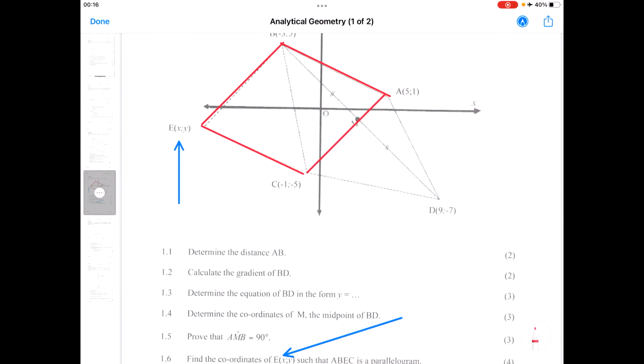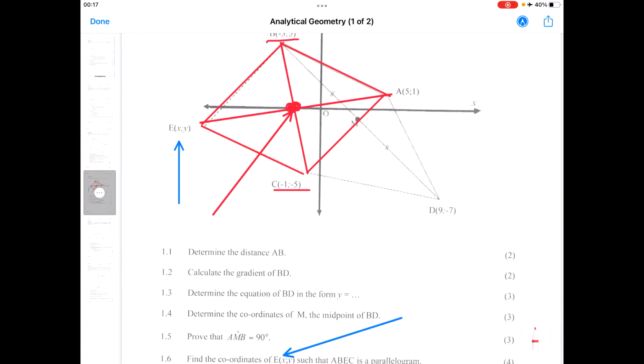Now, if we have a parallelogram, what we know is that the diagonal lines have a common point. It doesn't seem to be complicated. I think we have done this in the previous question, where you use that point B and that point in order to calculate the midpoint, and that midpoint is a common point for A and E.